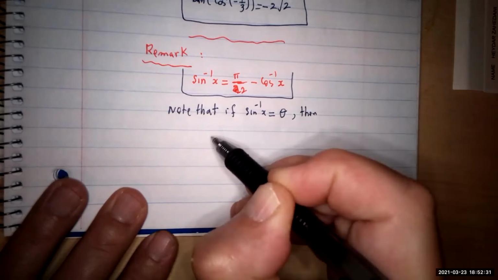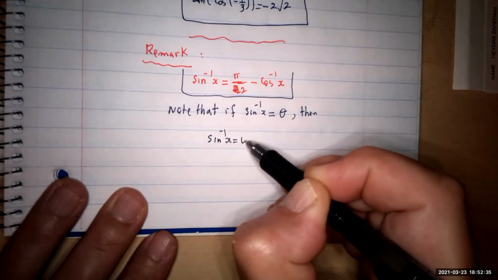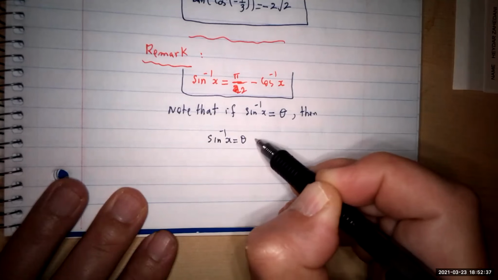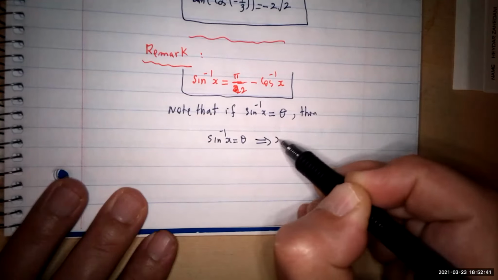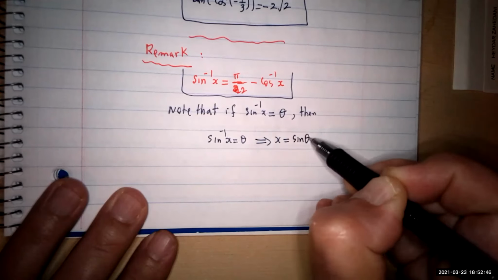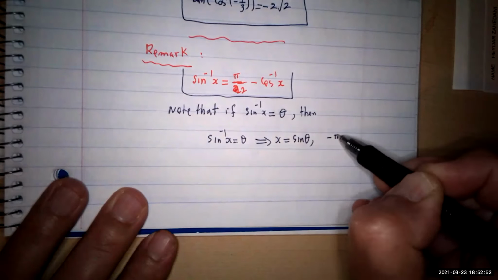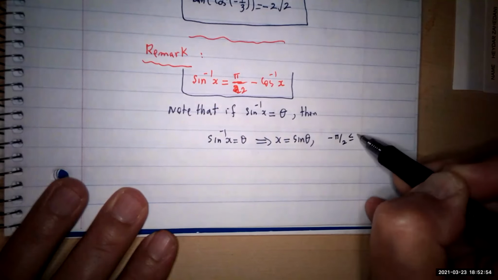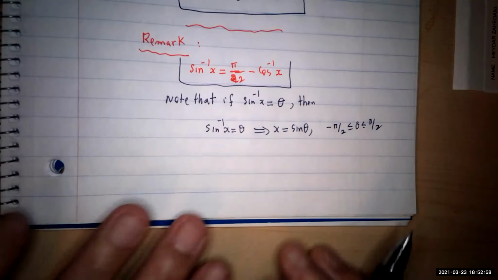Then we have the sine inverse of x is equal to theta, so that will tell us that x is equal to the sine of theta, but of course theta is going to be between negative pi half and pi half.